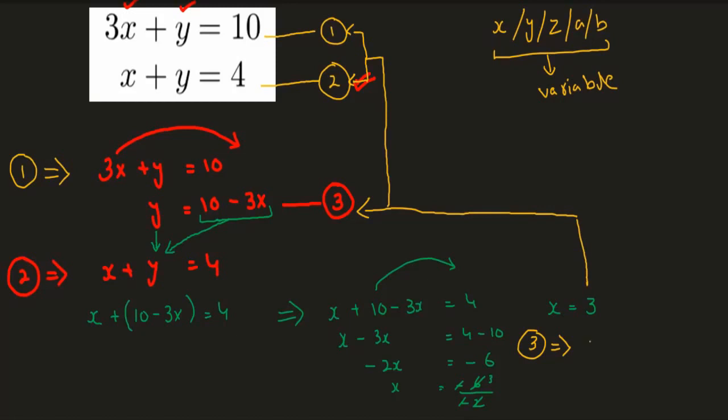Equation number 3 was y equals 10 minus 3x. So I substitute the value here in x: y equals 10 minus 3 times 3. y equals 10 minus 9, which gives you 1.